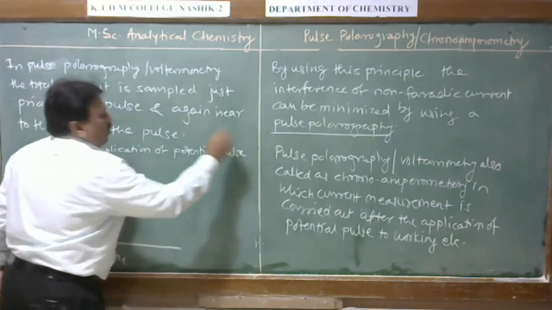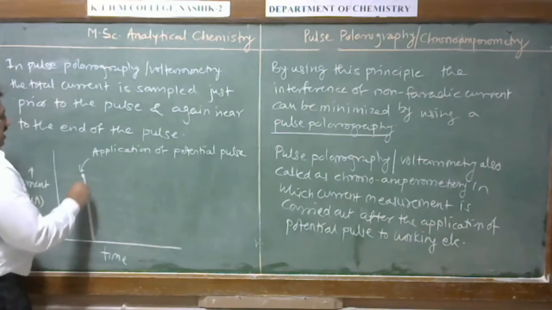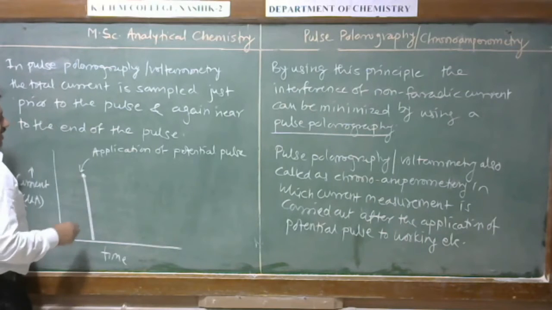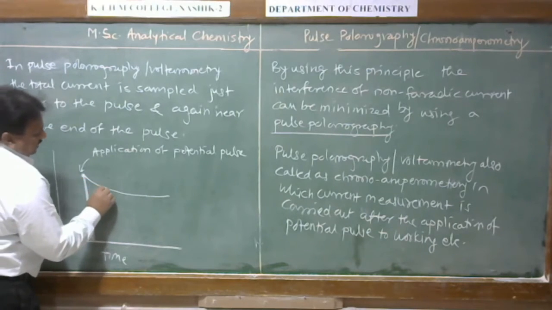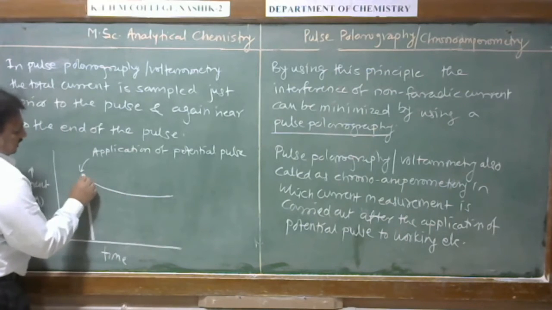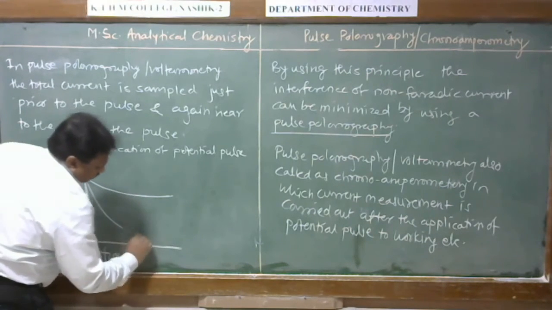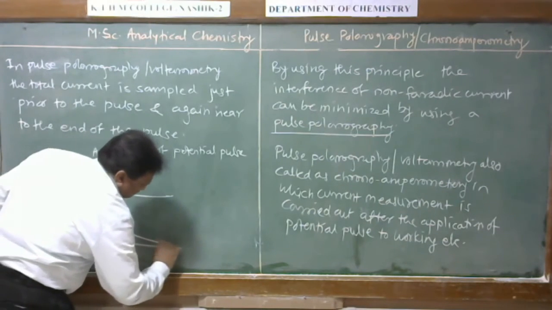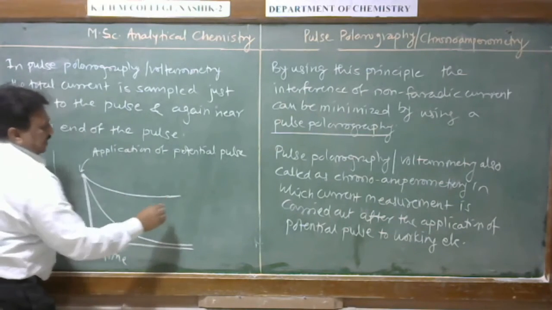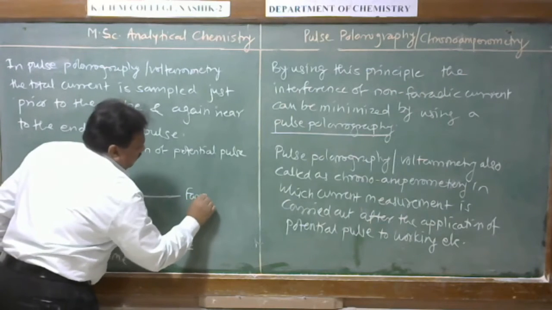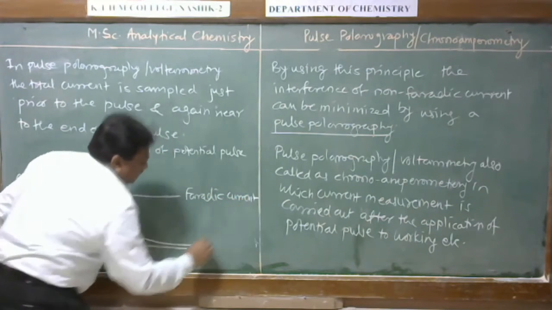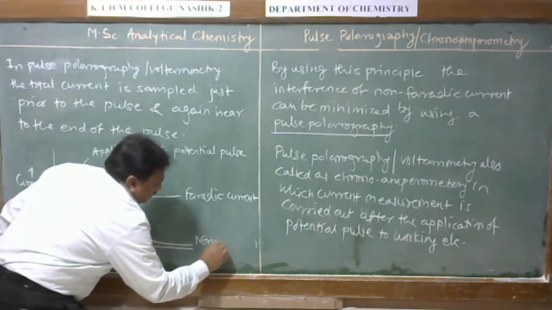At the beginning of the potential pulse, the value of faradic current and non-faradic current are identical. Faradic current decreases slowly with time, but a non-faradic current decreases rapidly and it reaches equal to 0. Therefore here this is a faradic current and this is a non-faradic current.